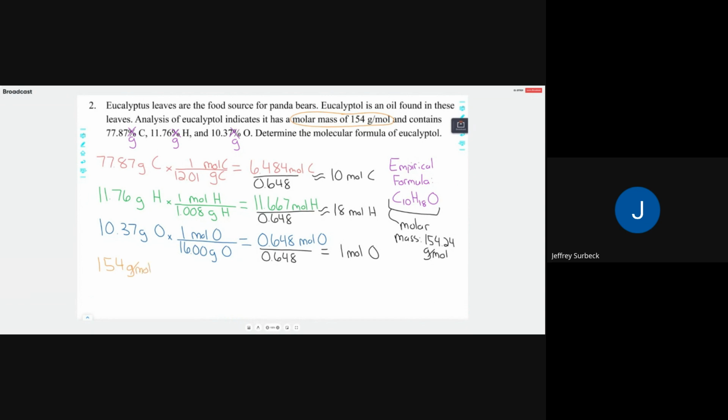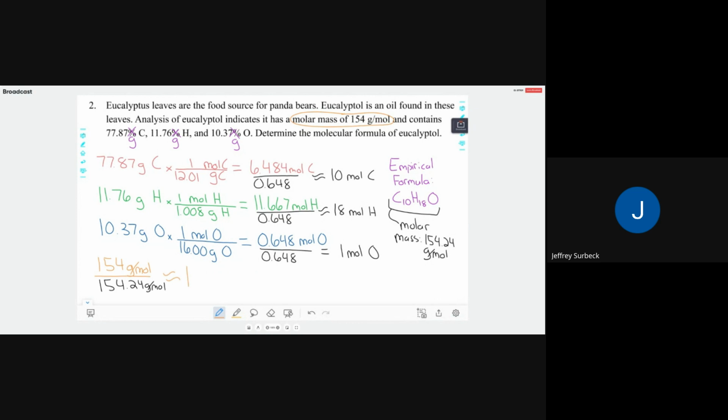We are going to divide this number by the molar mass of our empirical formula, which is also 154.24. And so 154 divided by 154.24, if you put that in your calculator, yes, you'll get a little bit below 1, but that's close enough to say, hey, this number is close enough to that whole number 1.